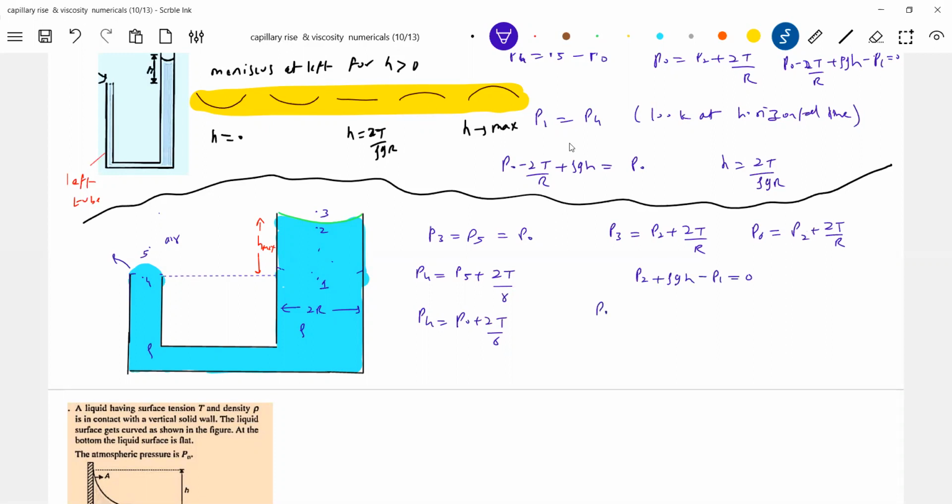P2 is P naught minus 2T by capital R, plus rho g h max minus P1 equals 0. We know P1 equals P4 because they lie on a horizontal line.